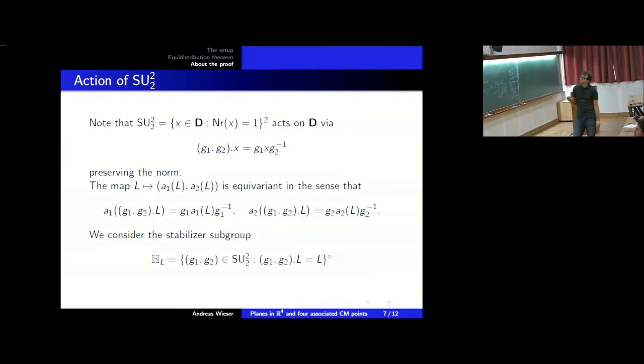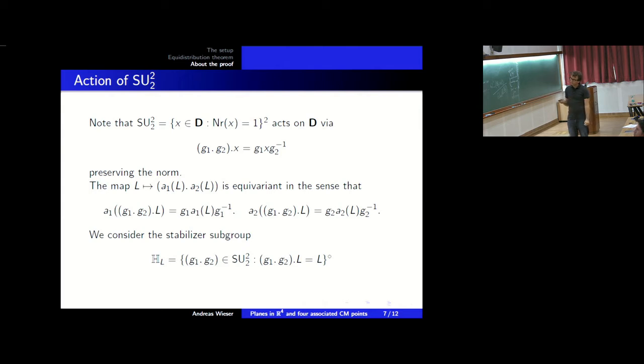Right. And the map we defined previously is equivariant for that action. It's not too surprising because that's the way we cooked it up.